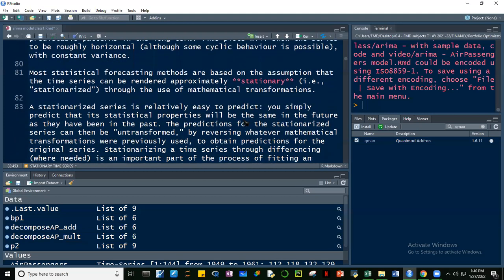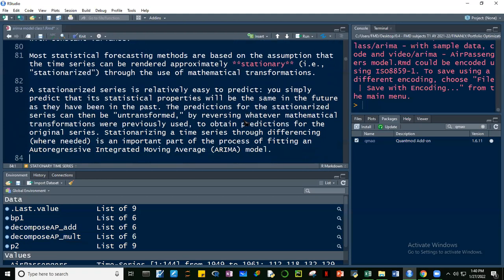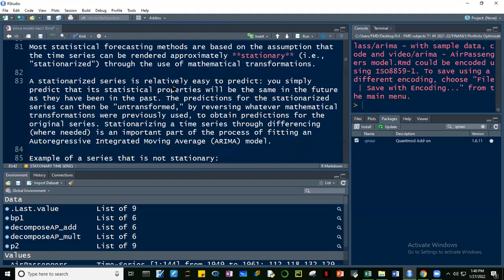I-transform natin yung data natin. Pag stationary data series siya, you simply predict that its statistical properties will be the same in the future as they have been in the past. So yan ang reason kung bakit guys, kino-convert natin into a stationary data series.